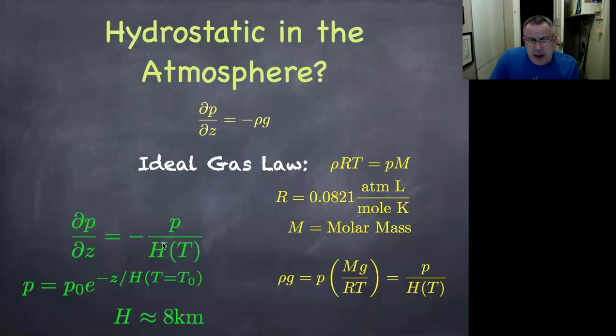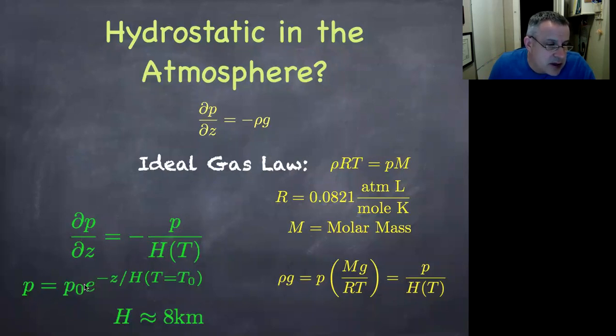But if we took an isothermal atmosphere, which isn't a terrible approximation for Earth's atmosphere, then H wouldn't be a function of temperature, it would just be a constant. And so then we can solve this equation. This is something proportional to its derivative, which is the governing principle for the exponential function.